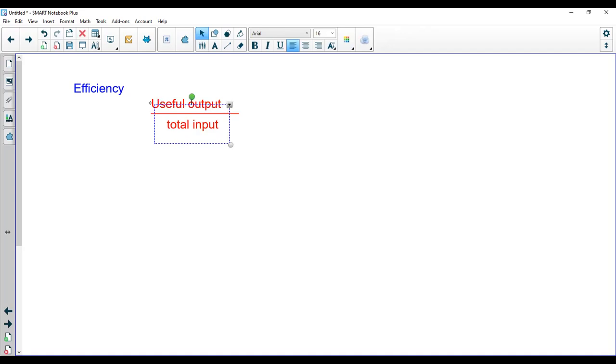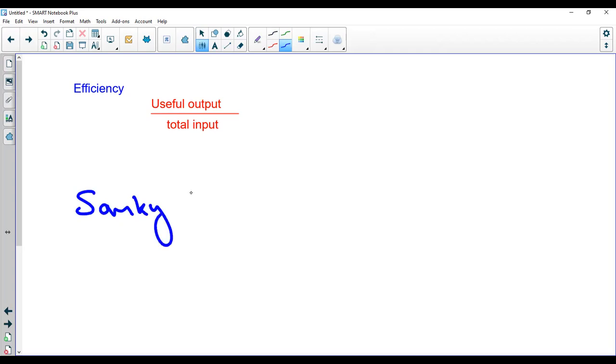Okay, the next thing which we need to do, just because they can use that word, there's a term called Sankey diagrams. Are you familiar with those? What is a Sankey diagram? No. It's just another way, a graphical way, to represent the efficiency. They draw with the help of arrows.